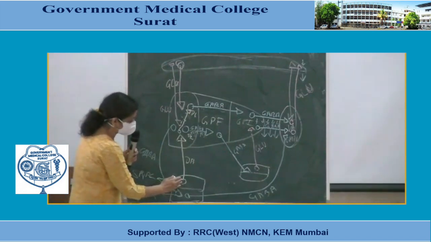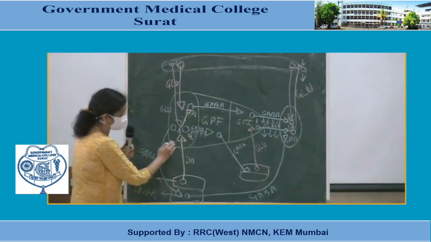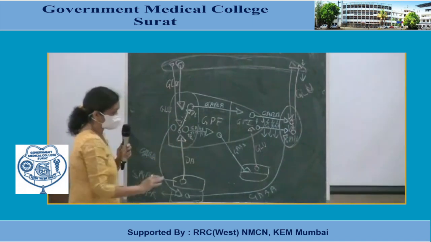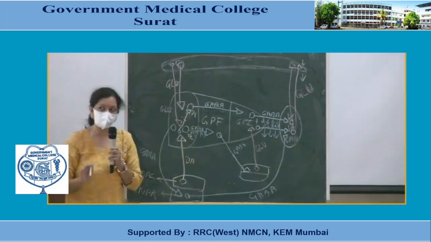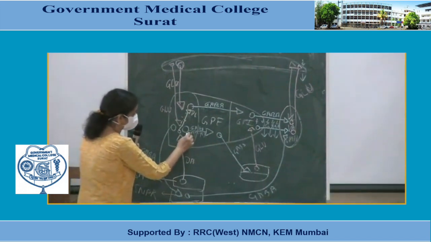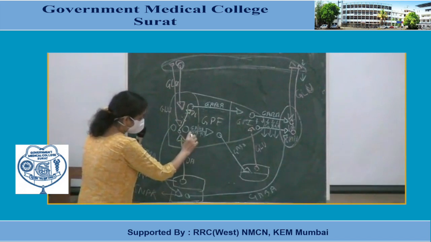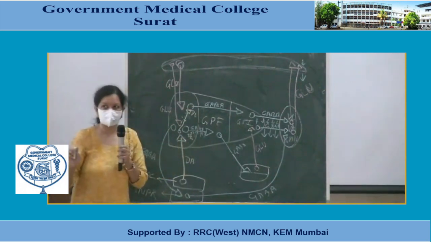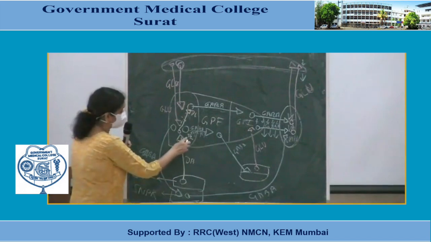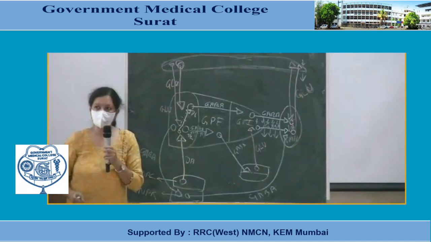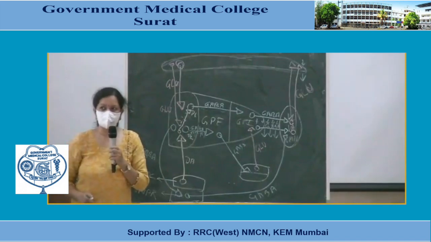Whereas if these nigrostriatal fibers terminate on D2 receptors, the D2 receptors synapse with the GABAergic fibers of the indirect pathway, and these D2 receptors are inhibitory to the indirect pathway.